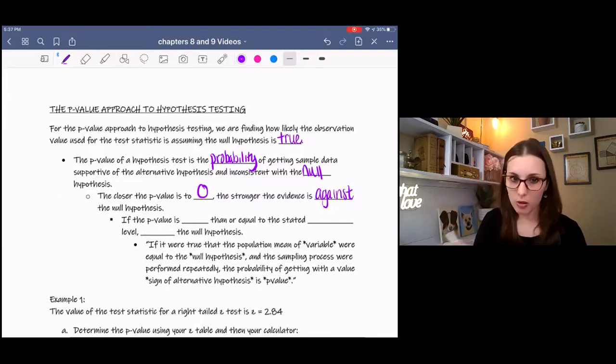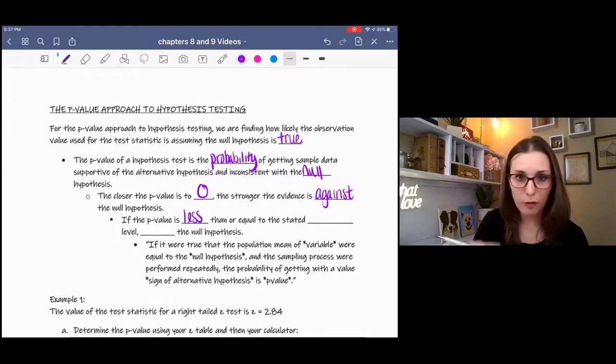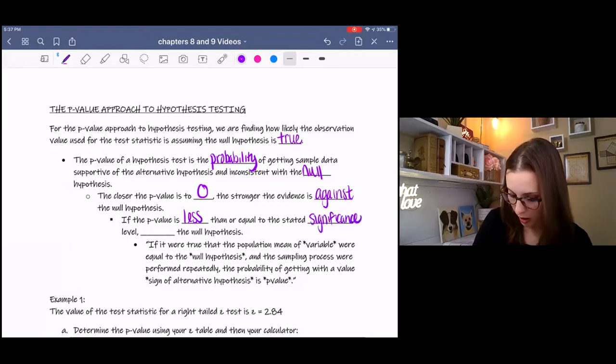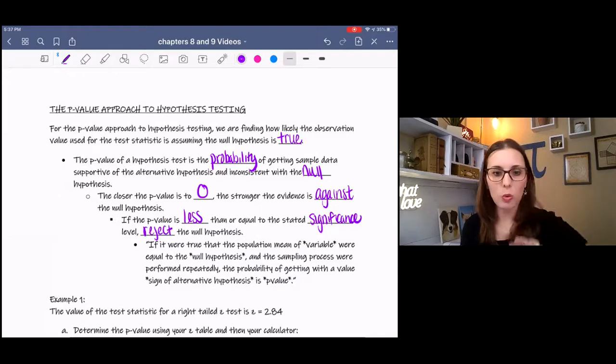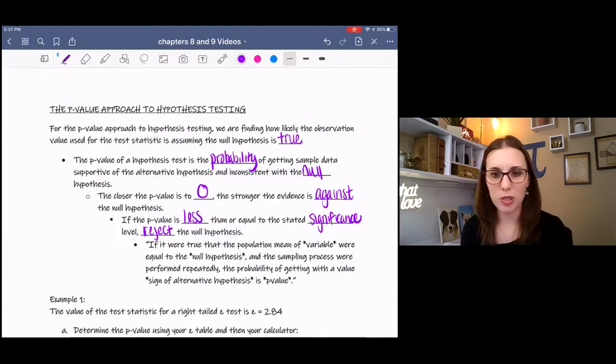If the p-value is less than or equal to the stated alpha level or significance level, then we reject the null. And you might see the wording like this. I'm going to insert the example where we had a bag of chips.